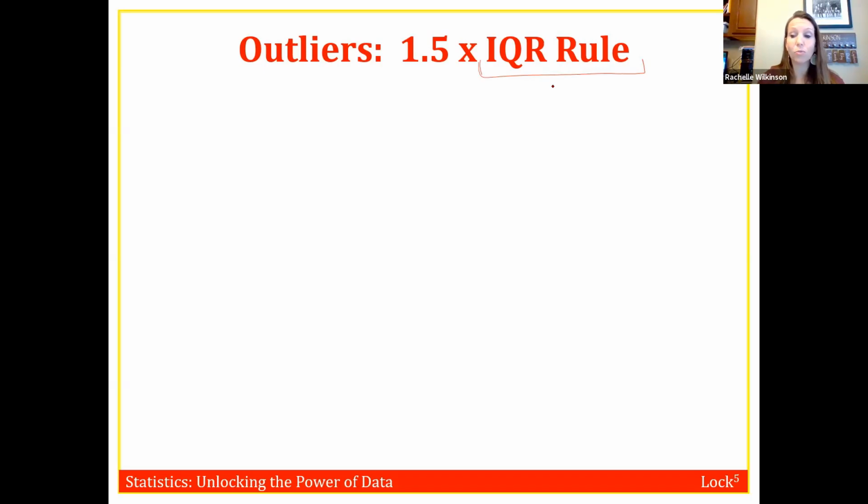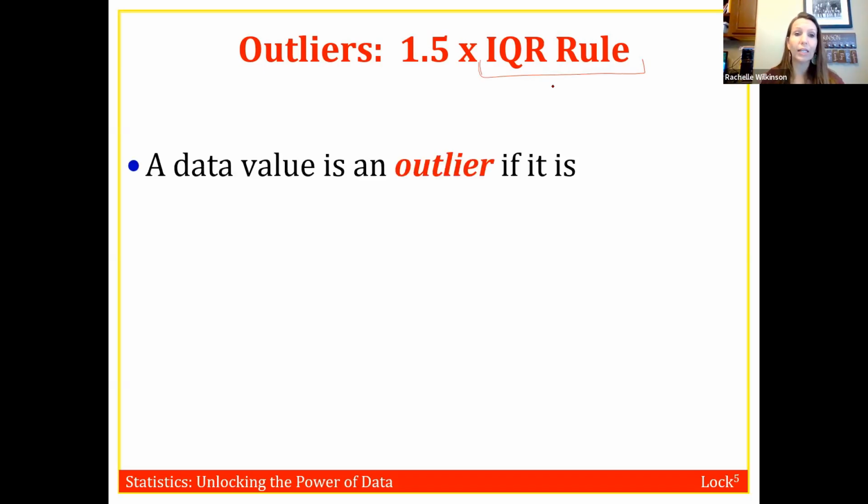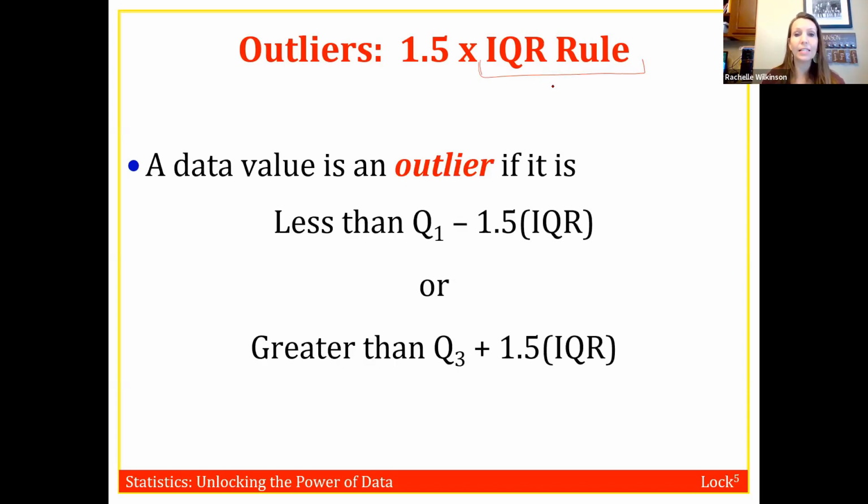And basically what this rule says is that we're going to consider a data value to be an outlier if it is less than Q1 minus 1.5 times the IQR, or if it's greater than Q3 plus 1.5 times the IQR. So we're going to compute these quantities here, the Q1 minus 1.5 times IQR and Q3 plus 1.5 times IQR.